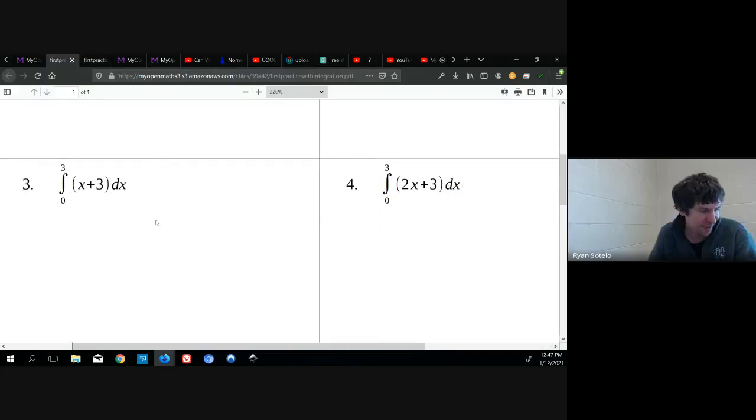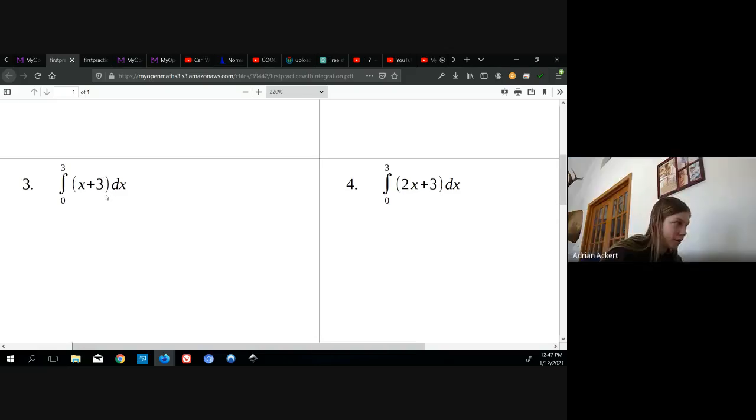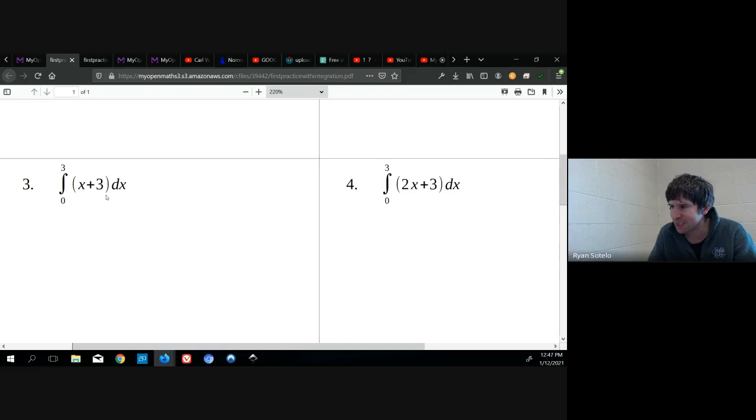All right. Go ahead and draw this function, y equals x plus 3. Try to figure out the volume. You're trying not to draw, Nate.